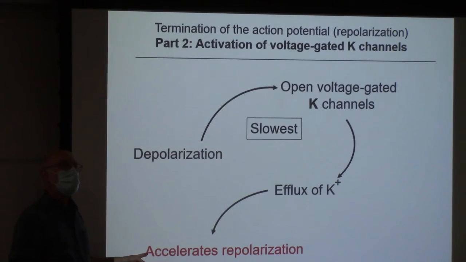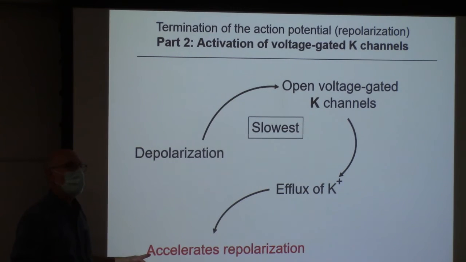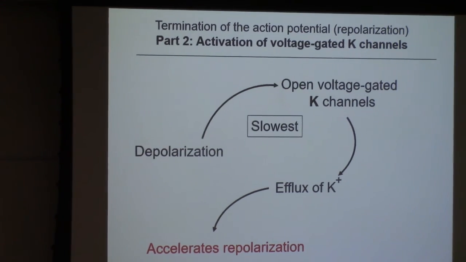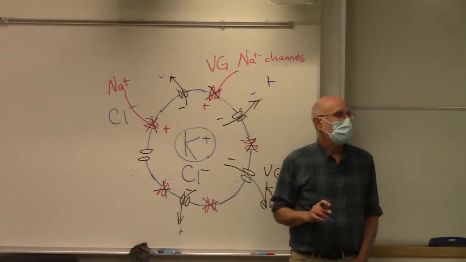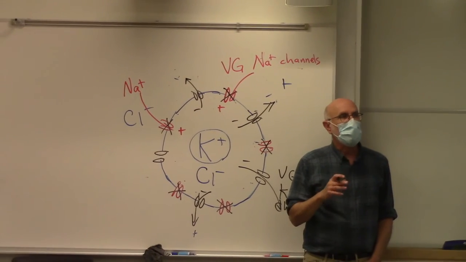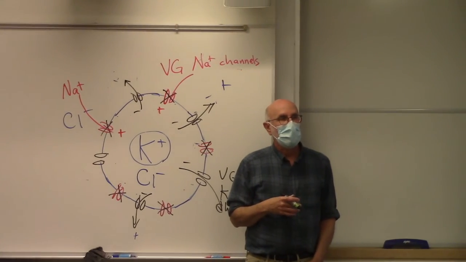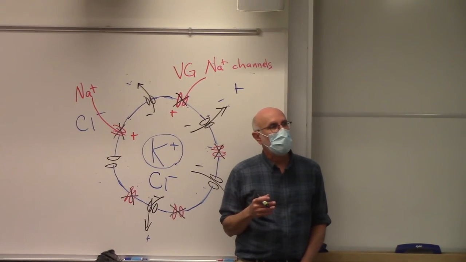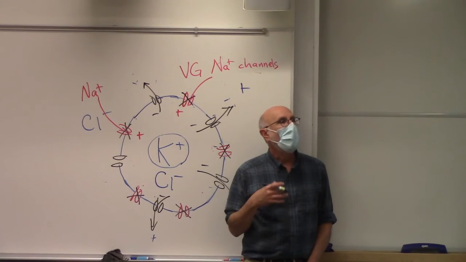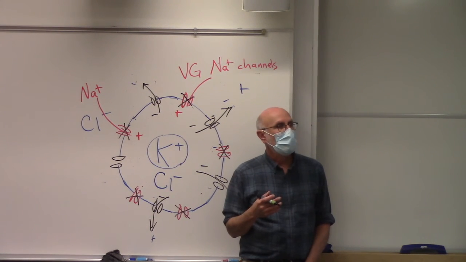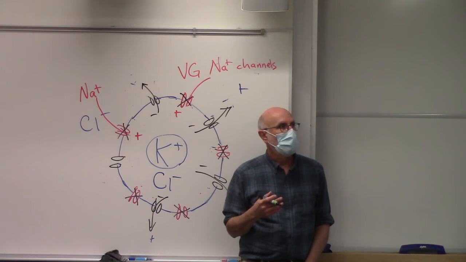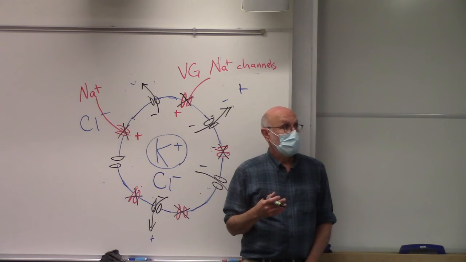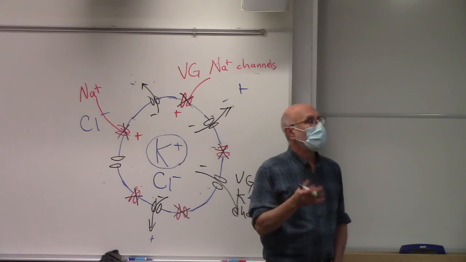Why do I say accelerates and not just causes? What else could have caused the repolarization if we didn't have these voltage-gated potassium channels? Remember the sodium channels open and then inactivate. Is the cell going to stay depolarized or is it going to repolarize? If you shook your head, you're right.